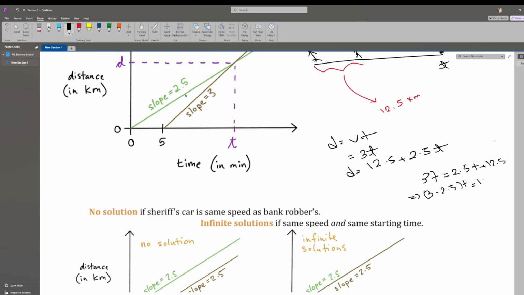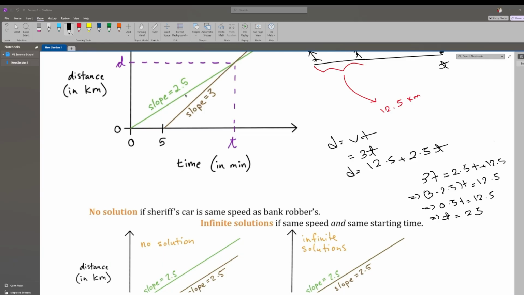That keeps us 0.5t equal 12.5, and then we end up with t equal 25. Now you can ask, how is it possible?